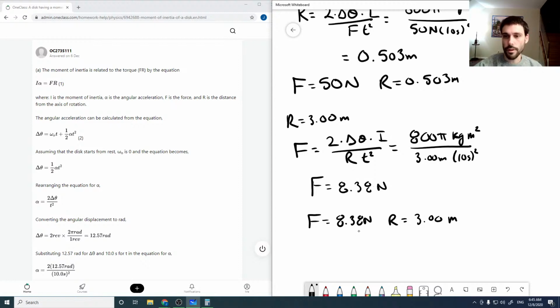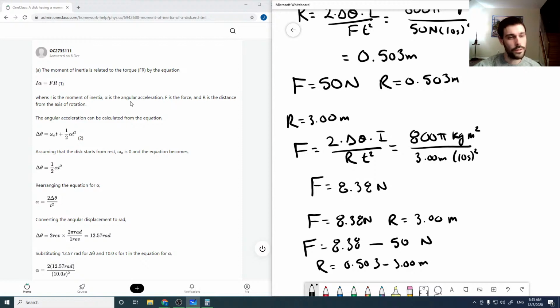Obviously, these are the borders, so you could actually only pick values between 8.38 to 50 newtons, or R's between 0.503 to 3 meters. Anything less than those values would be too small. So the force would have to be too large, or the radius would have to be too large. Okay. But there's still an infinite number of solutions between those values.